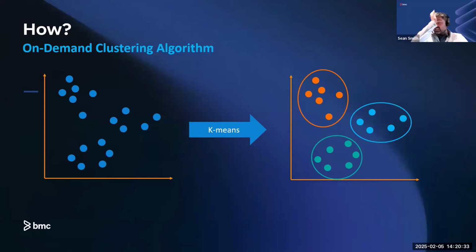So here you can see on the left-hand side, unstructured data. There's no categorization of any sort. And then once we run it through the k-means algorithm, it sticks it into a group. What's interesting about that is we can then take that group and start to action records within that cluster.